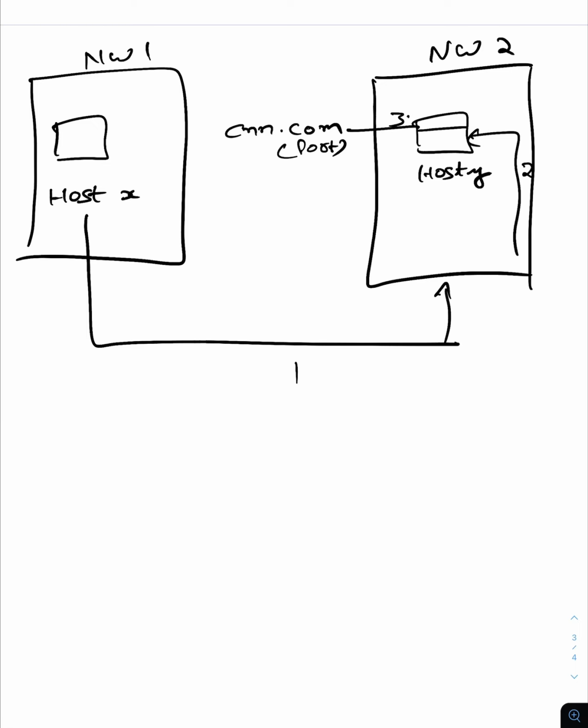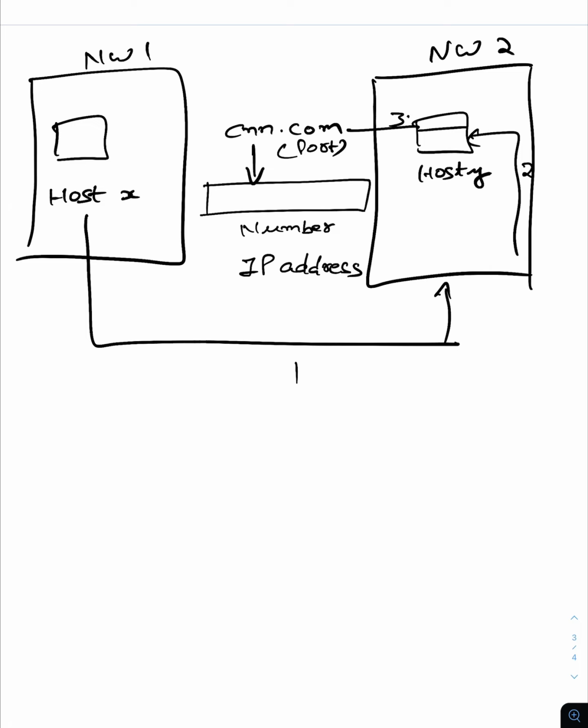Host X requests cnn.com. So whenever you request something, or whenever a computer wants to talk to another computer, it converts it into a sequence of numbers. A computer cannot understand cnn.com or youtube.com. It has to convert it into a sequence of numbers which the computer understands, called an IP address.